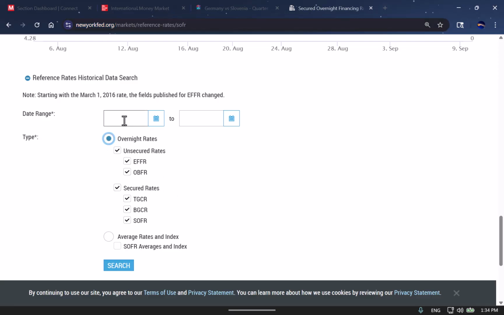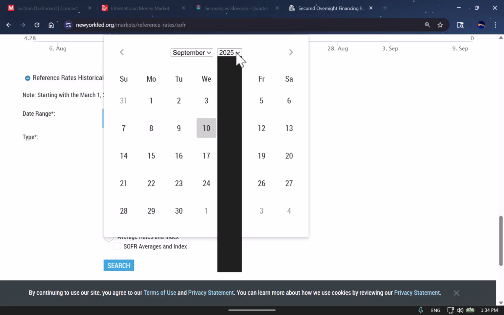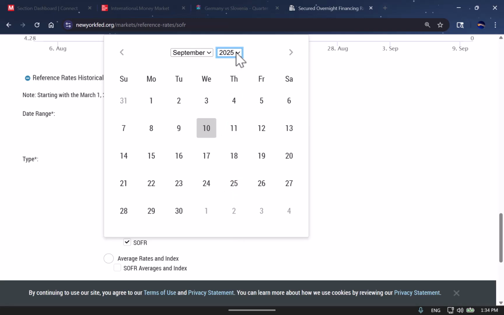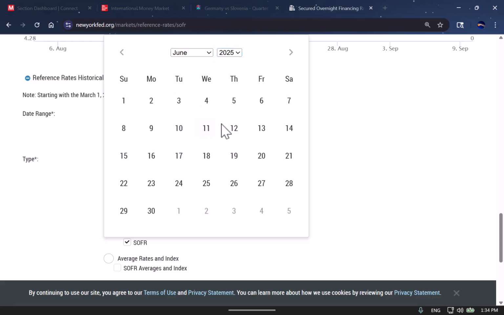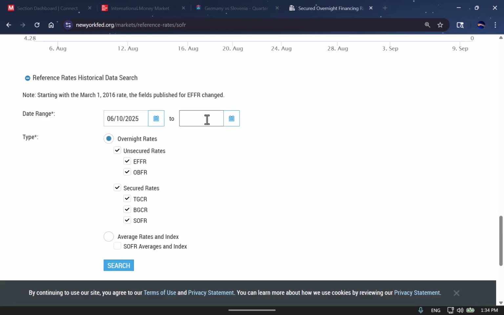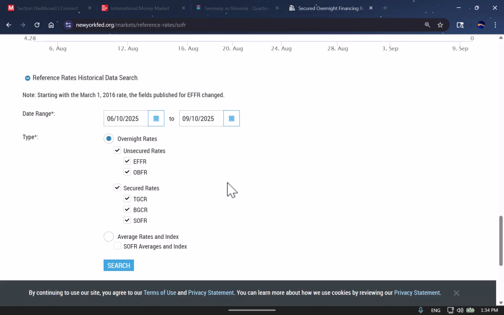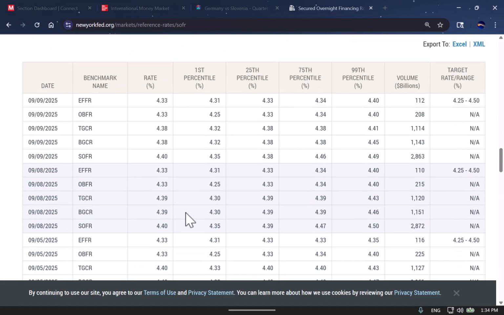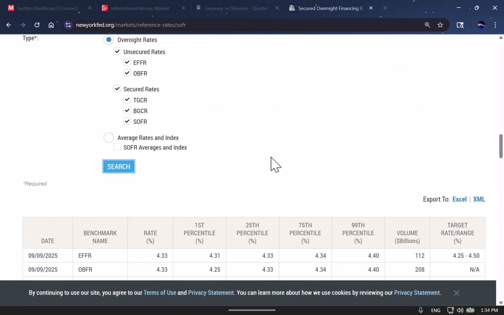You can actually get the data for these. For example, let's do it over the last 3 months. And you can download this to an Excel file.